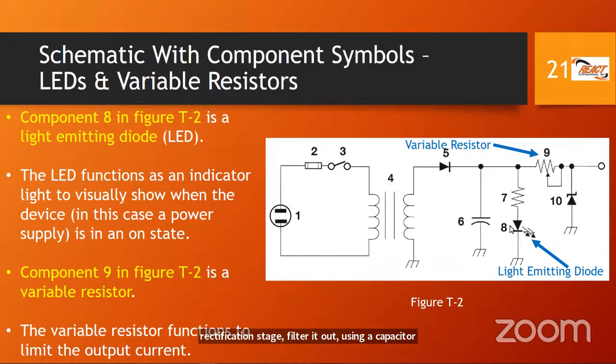And this component here, the LED lights up. And the reason it lights up is because it will tell you that the power supply is on. So oftentimes, you'll find that LEDs are used to visually indicate when the device has power or it's in an on state.